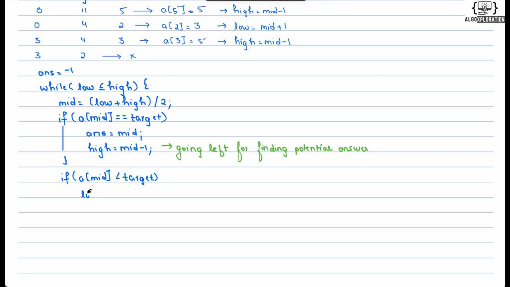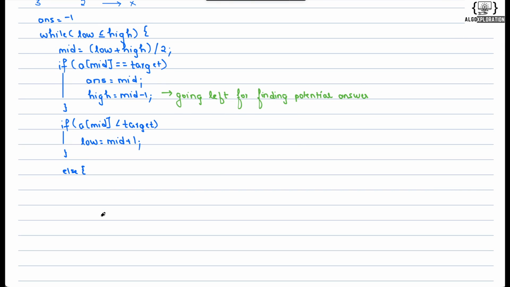So low will be mid plus 1, and else, that means target is lesser, so we have to go on the left hand side. So high will be mid - 1. That's it. After that simply return answer.